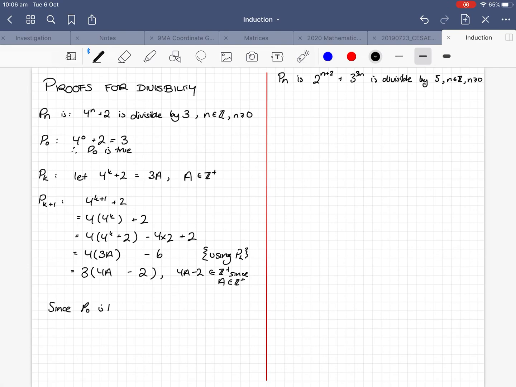Since p0 is true, and pk plus 1 is true whenever pk is true, pn is true for all non-negative integers n.